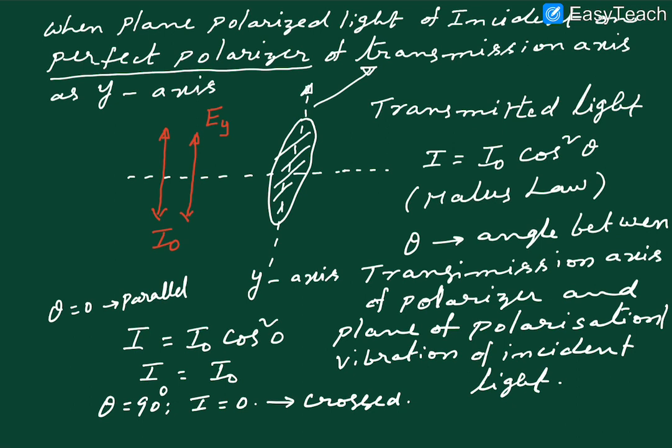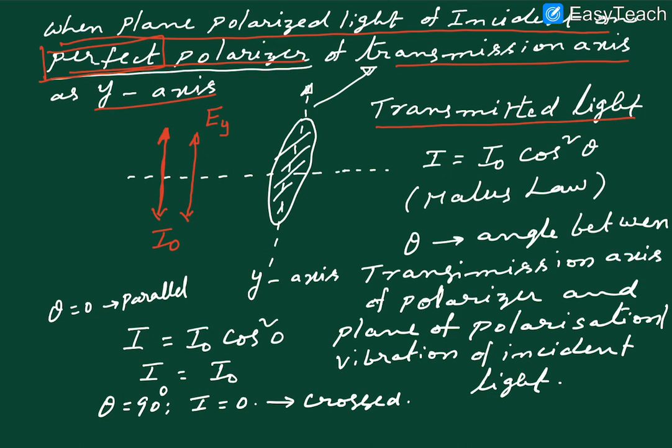So when plane polarized light is incident on a perfect polarizer, just underline this word, perfect polarizer, where the transmission axis is the y-axis, when the plane of polarization and transmission axis are parallel, we know that the transmitted light I is equal to I naught cos square theta, which is Malus law.